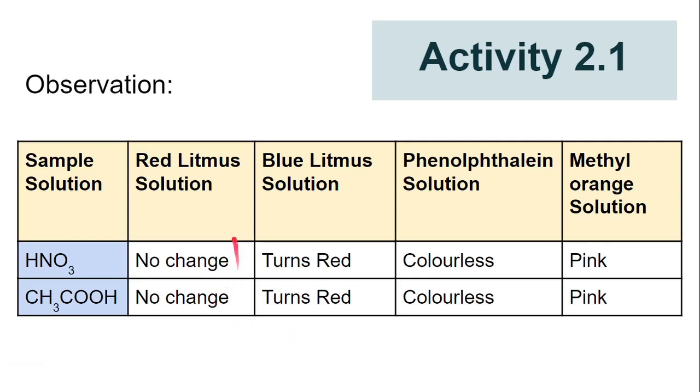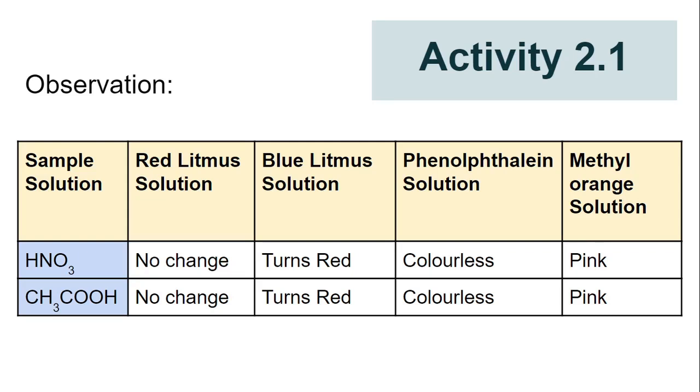With red litmus solution, there is no change. Acetic acid makes the blue litmus red. In phenolphthalein solution, acetic acid will be colorless, and in methyl orange solution, it will be pink. Now we have completed the tests of acids.